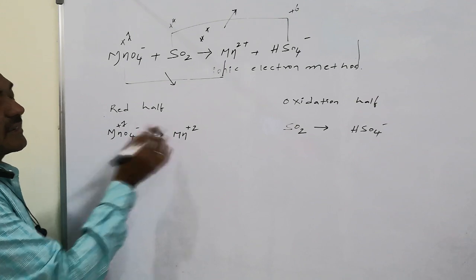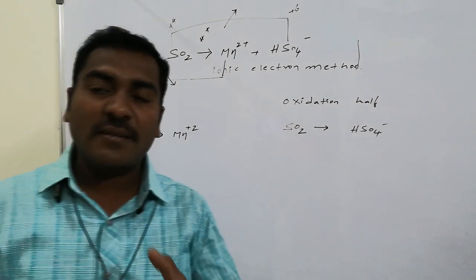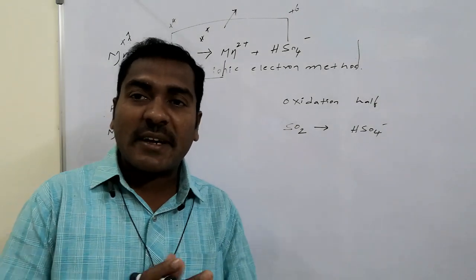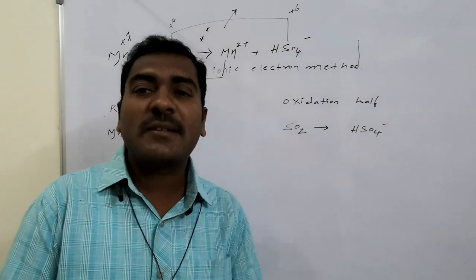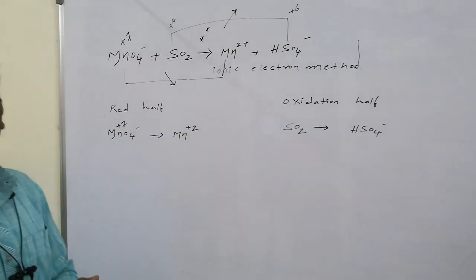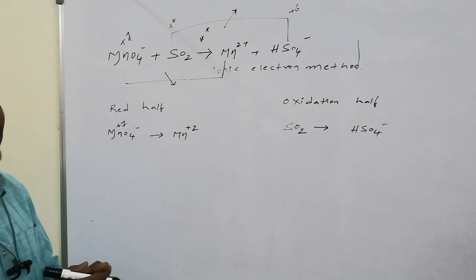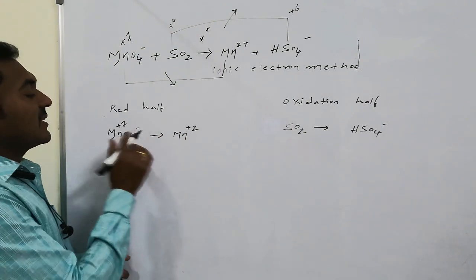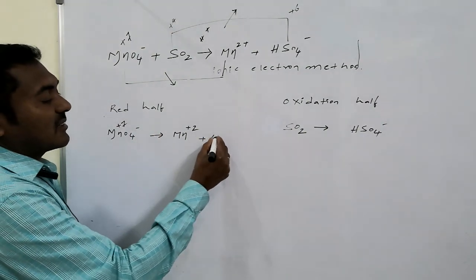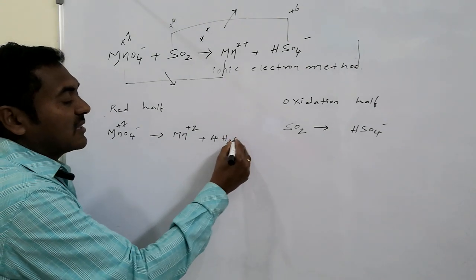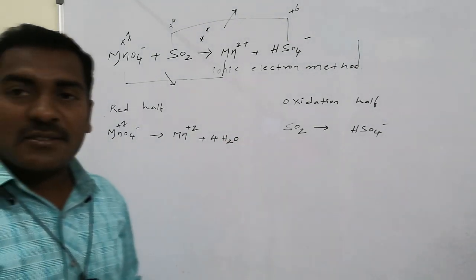The central atom manganese is 1 in number in the starting material, that is the permanganate ion, as well as in the formed product, that is Mn2 plus. After this, the other atoms are to be balanced, that is oxygen. Oxygen is 4 in number on the left side. On the right side there is no oxygen.